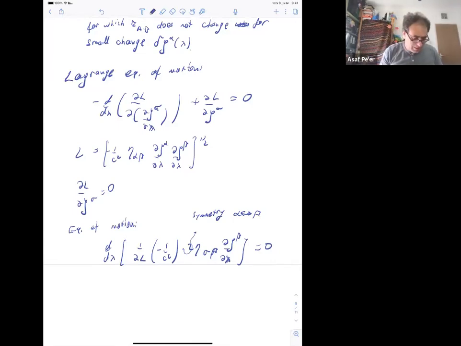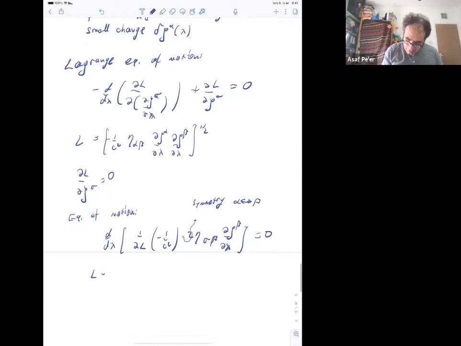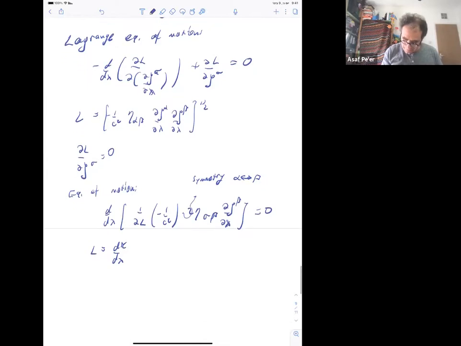And since L is just d tau over d lambda, then we can write it down as d over d lambda. And the 2 and 2 cancel out. 1 over c squared, I don't care anyway because it's equal to 0.